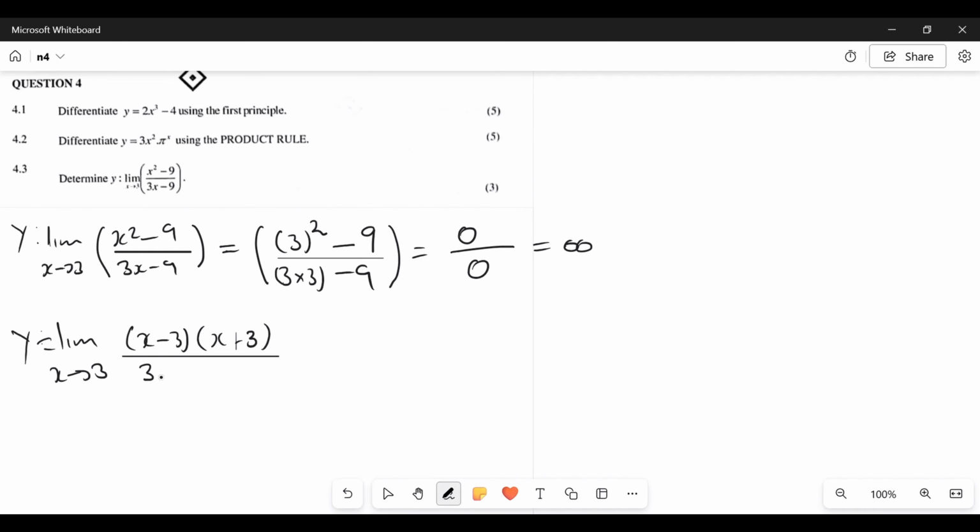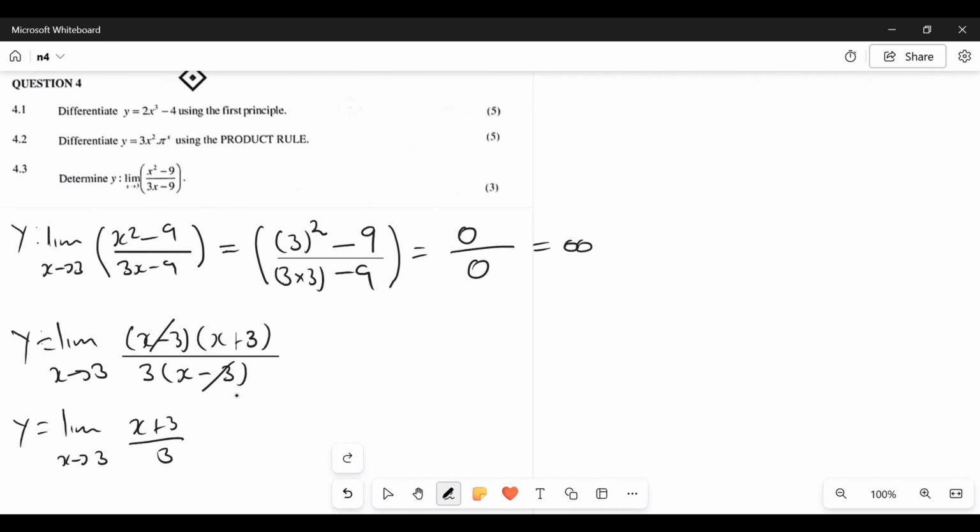If you take out 3 as a common factor, we're going to be left with x minus 3 there. Now, if you look there, we have x minus 3 and another x minus 3. So what we are left with is y, limit as x approaches 3, of x plus 3 divided by 3.